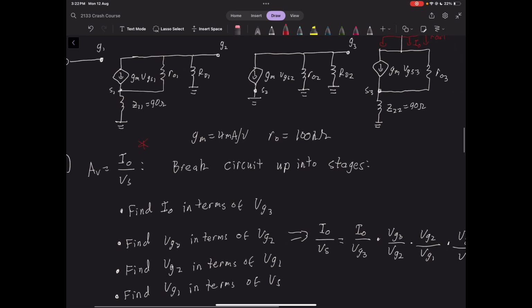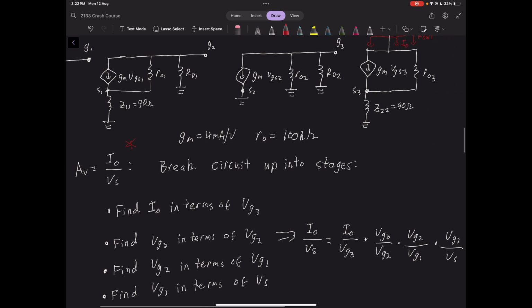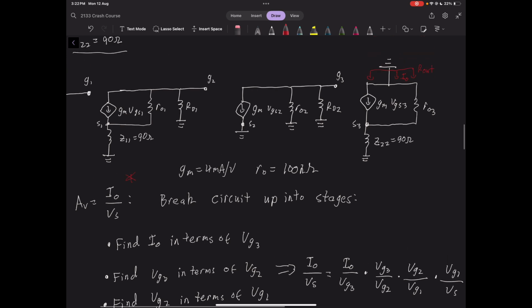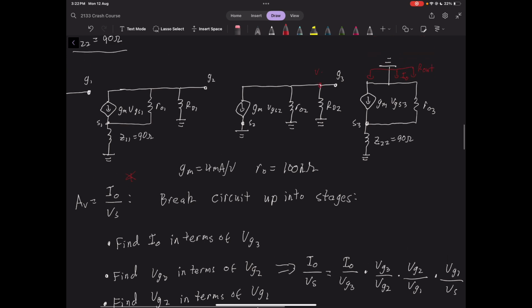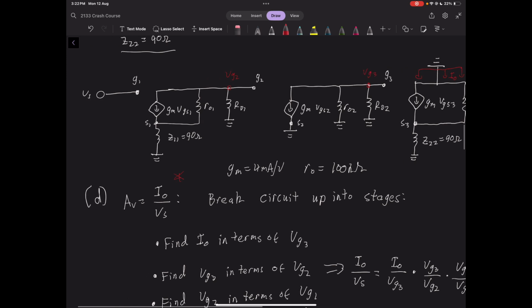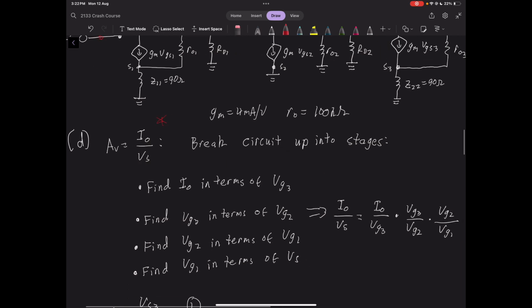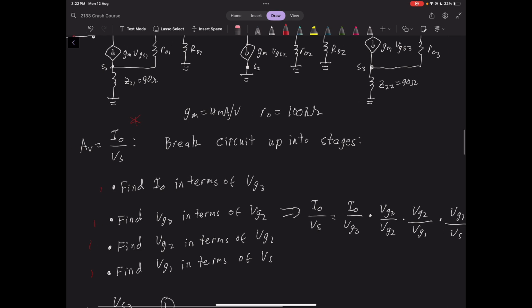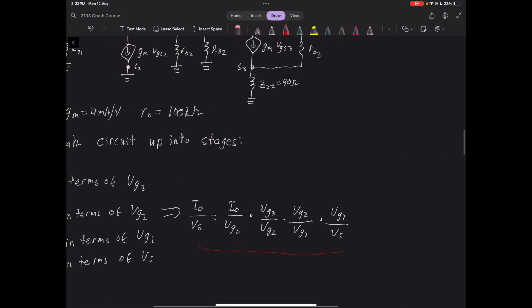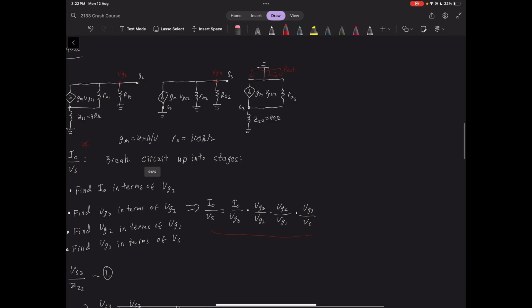But if we found I out in terms of VG3, right, which is this voltage here, VG3, this is VG2, and then this is VG1. If we find I out in terms of VG3, we could then find VG3 in terms of VG2, and then find VG2 in terms of VG1, and VG1 in terms of VS, and then we could write out the different gains like this, and then we'd have our final gain.